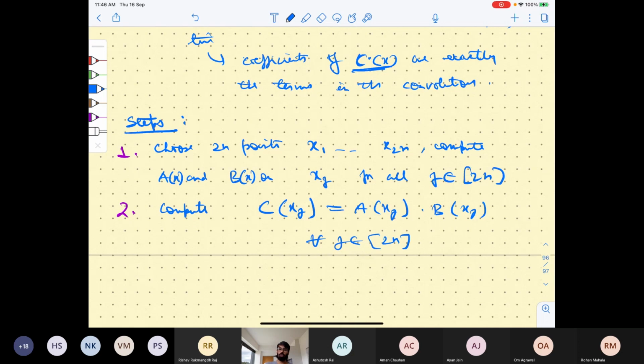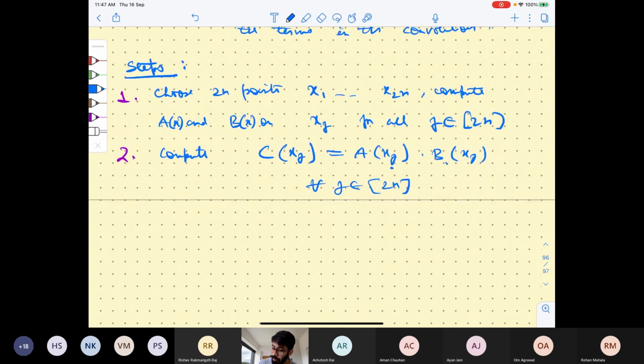So first you compute A on these 2n points, then you compute B, then you compute C on all these points. And computing C is going to be very easy. You just multiply A and B, what you have already calculated.